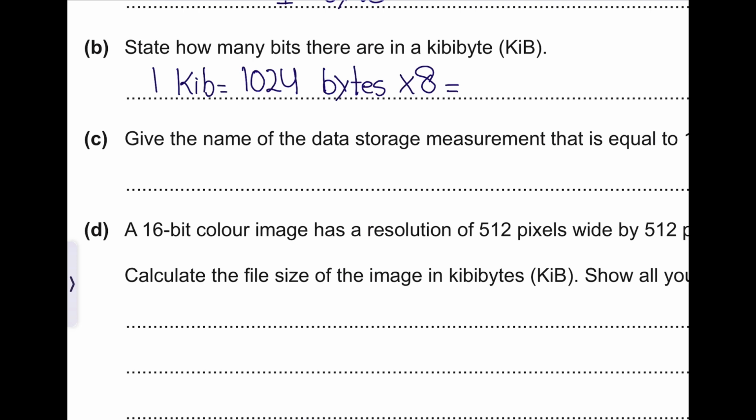What will we get when we do this? You can do 1000 times 8 is 8000 and 24 times 8 is 192. So 8192 bits. Alright, I hope it's clear. Just repeating, 1 kibibyte is equal to 1024 bytes, and each byte is equal to 8 bits. So I've multiplied 1024 by 8 to get 8192 bits.